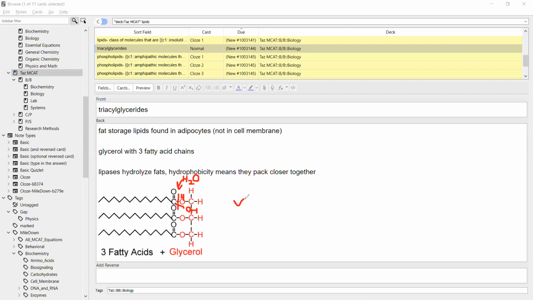So basically what you're getting is, on the glycerol side, the O now has an H on it. So this is hydrolyzable because what we added was this H2O.